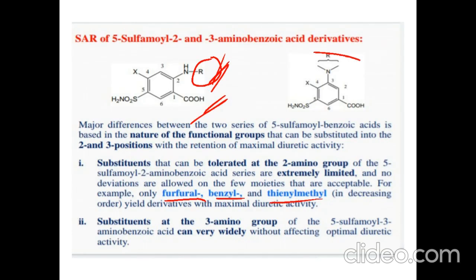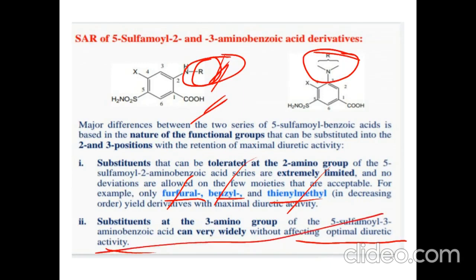But when the amine group is present at the third position, we can use a variety of substitutions without affecting the optimum diuretic activity. So that is the difference between these two. Only furfuryl, benzyl and thienyl methyl can be substituted when the amine group is present at the second position, but at the third position we can use a wide variety of substitutions.